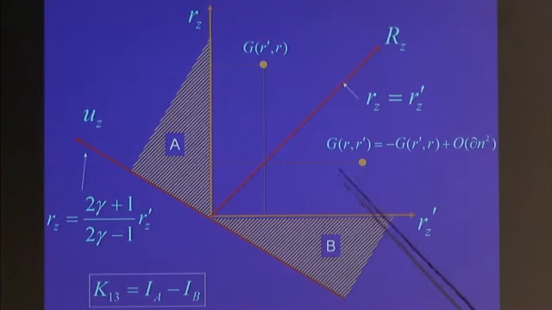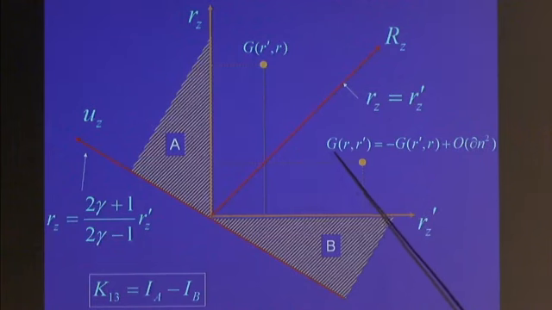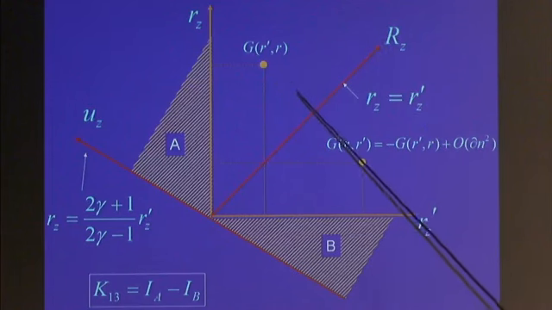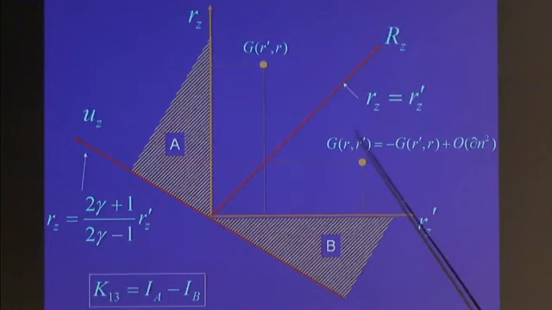And like I said, there is an antisymmetric relationship between G(R', R) and G(R, R'). So if your integration is such that the points are always mirror symmetrical about this axis, then you get the cancellation of these two. And that applies to the real space of integration.